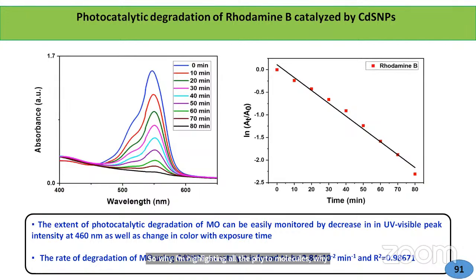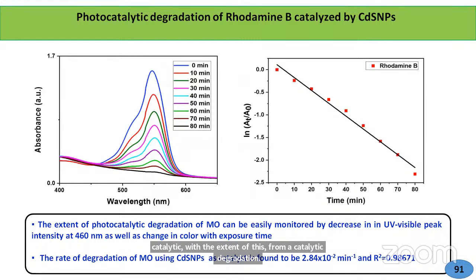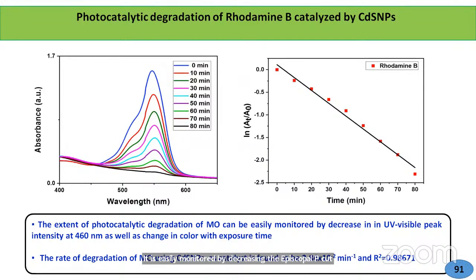So this cadmium sulfide nanomaterial, what a great activity it is showing for rhodamine B. The extent of this catalytic degradation is easily monitored by the decrease of the UV visible peak at 460 nanometers, as well as the change in color.